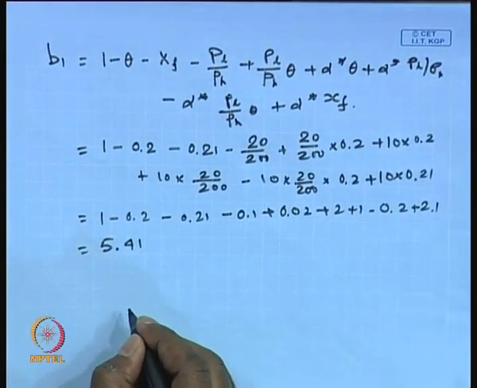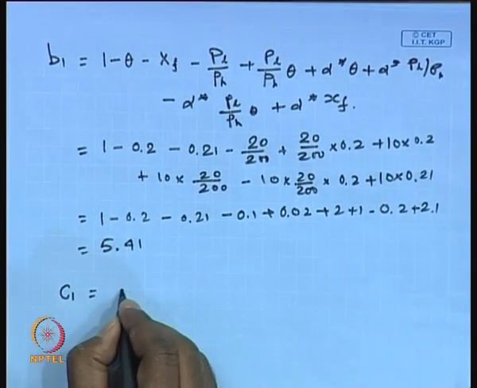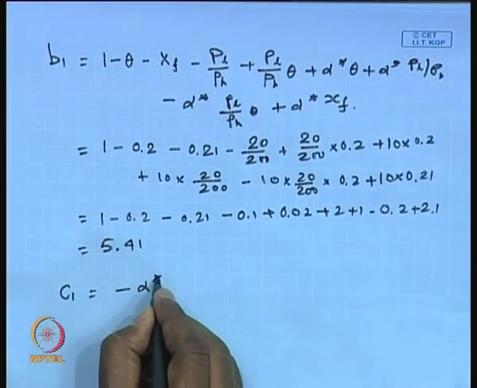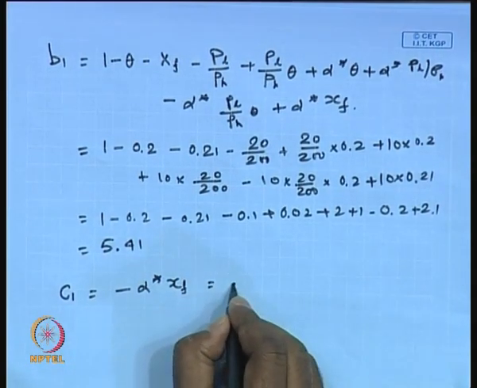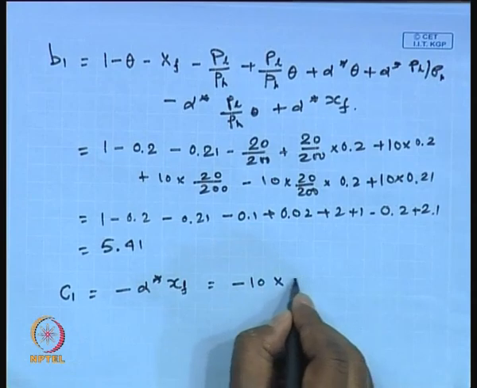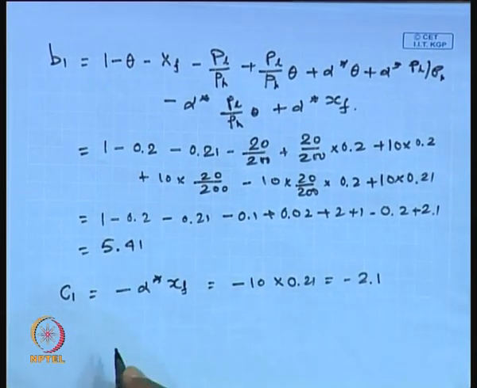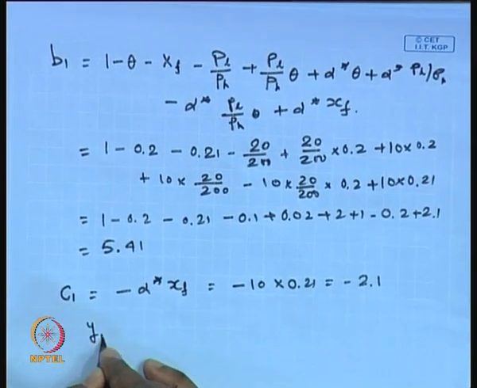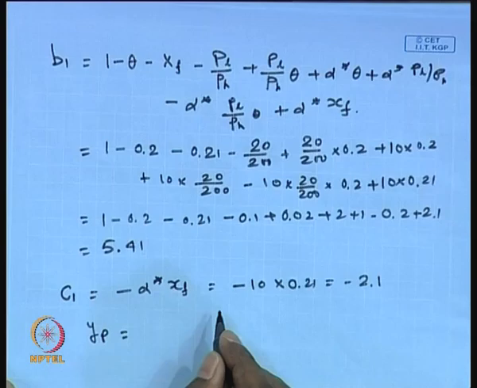Similarly, you can calculate the parameter C1, which is nothing but alpha star times xf, that is minus 10 into 0.21. So, it becomes minus 2.1, and you can get the expression of Yp, the composition of permeate.